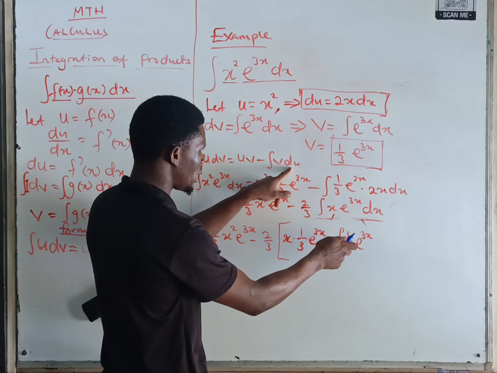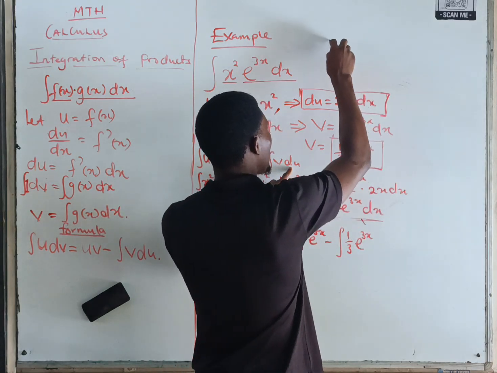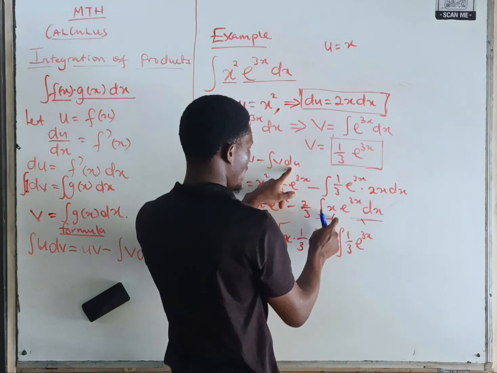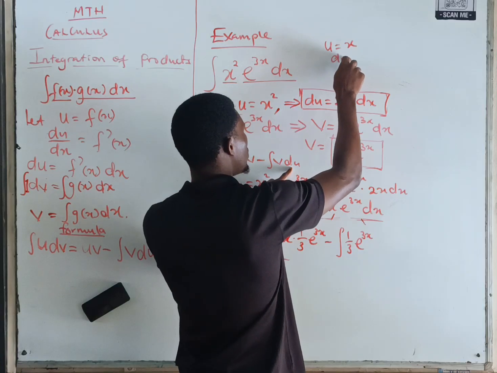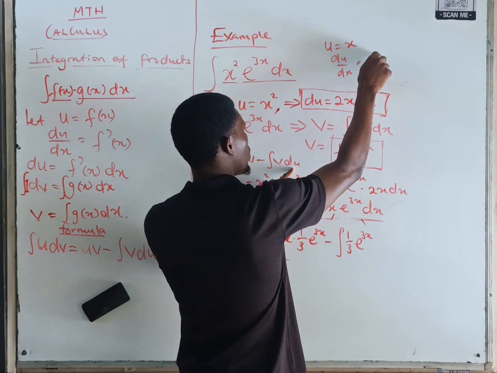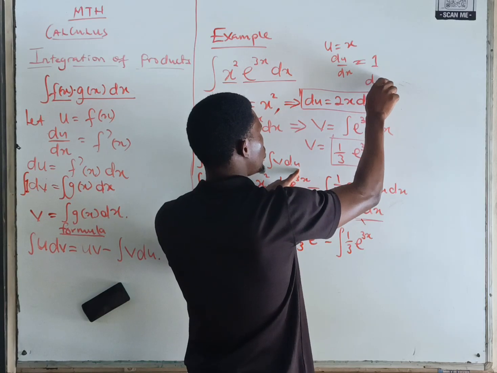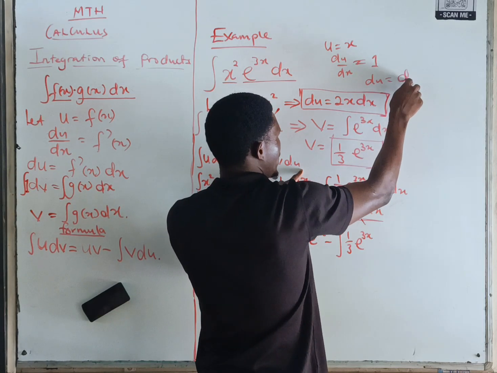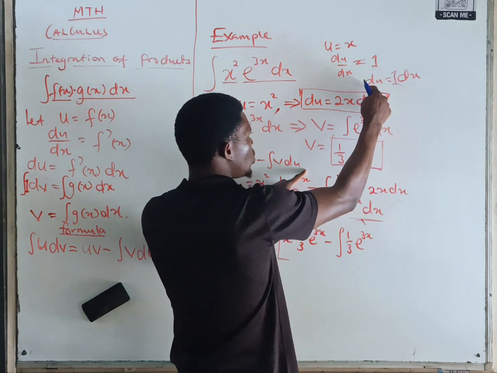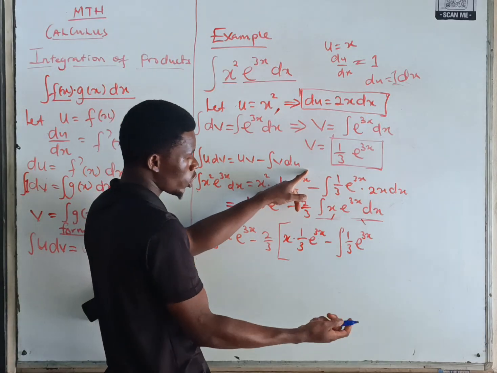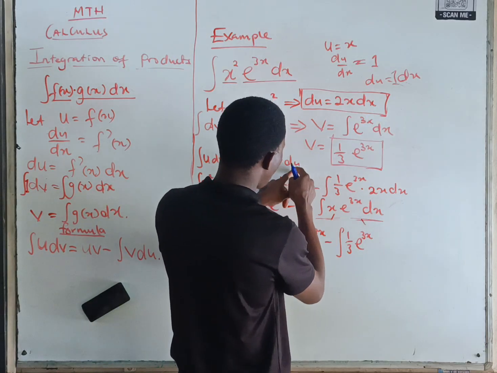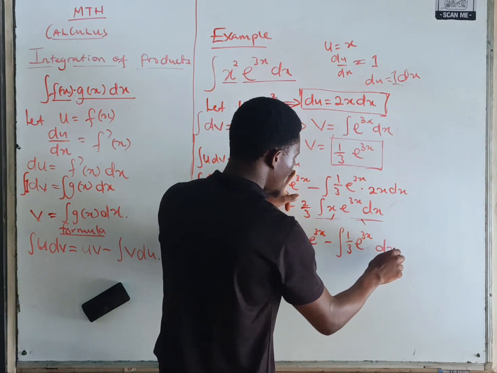So du will just be dx, because we have that u equals x. That means du over dx is equal to 1, so when we cross multiply, du is equal to 1 times dx, which is dx. So du here is just dx.